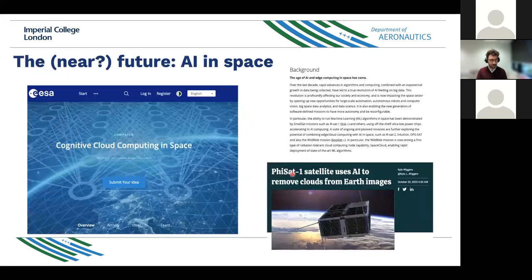As a final remark, I just saw this morning that ESA put out a call for cognitive cloud computing in space.